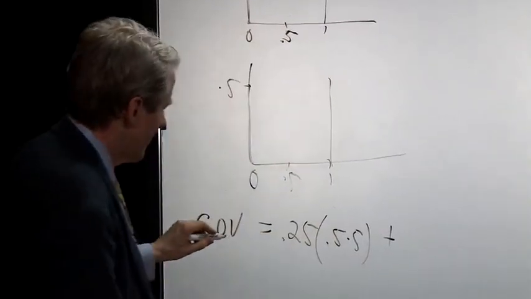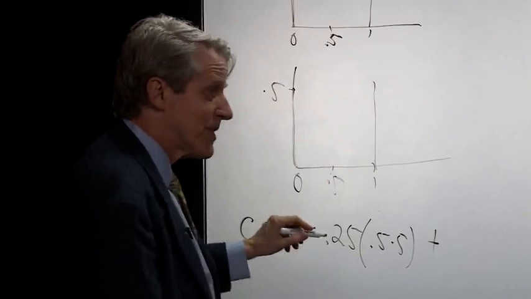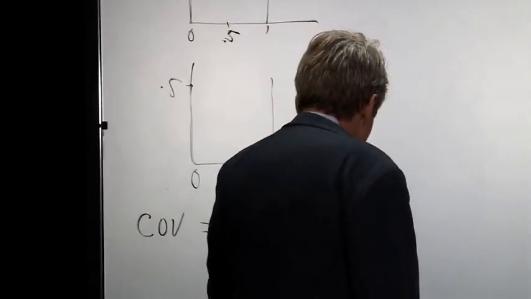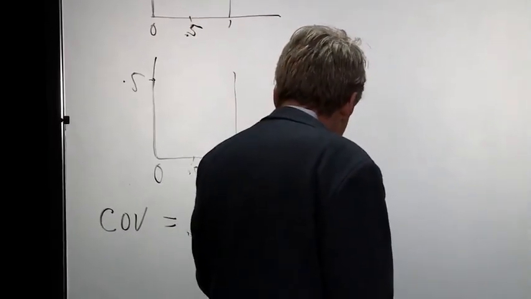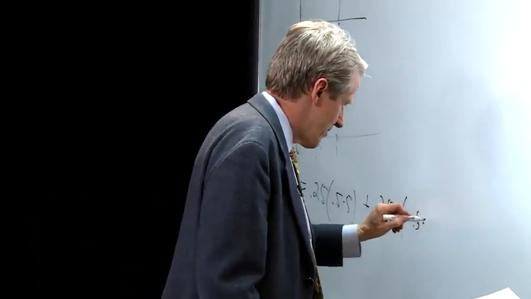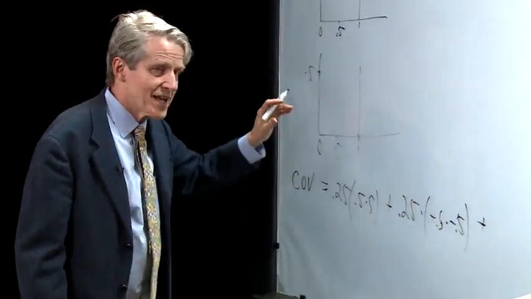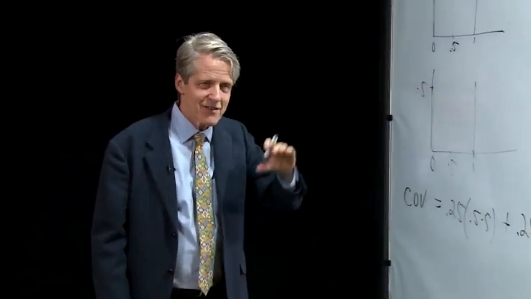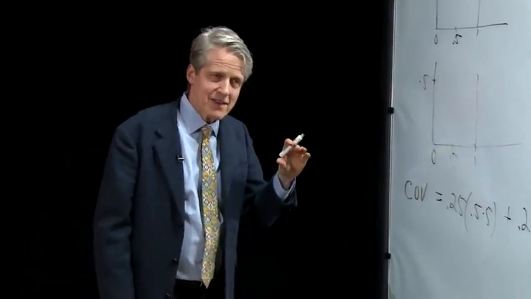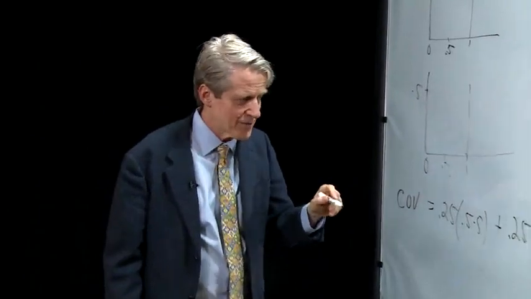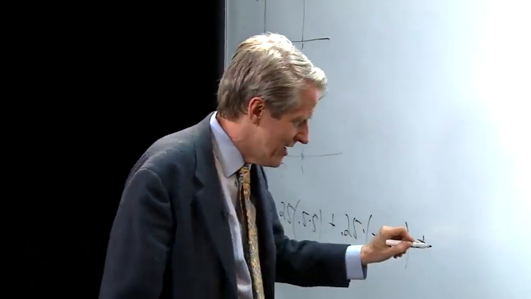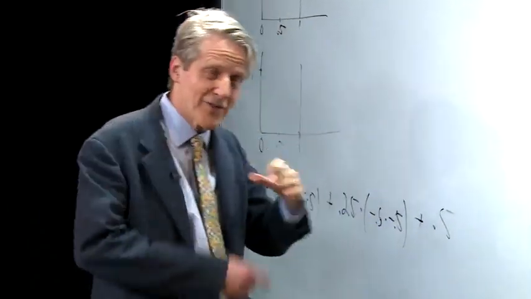And then it has a 25% chance of both failing. So it's 0.25 times minus 0.5 times minus 0.5. But then there's the chance that one of them succeeds and the other one doesn't. And that has a probability of 0.5 because there's 2 different ways it can go.